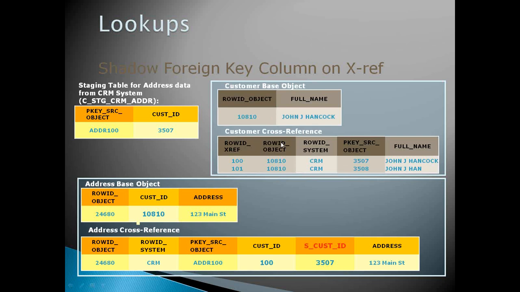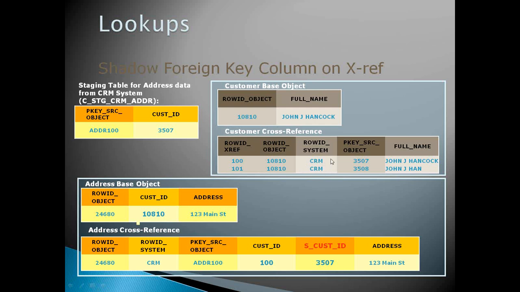So again, in this slide, I have taken the same customer table, like one record in my base object and two records in my cross-reference table. This time a little bit changes I have done here. If you see, both the records are from the CRM system only. Previously, in the previous slide that I had shown you, one record was from CRM, one from sales.